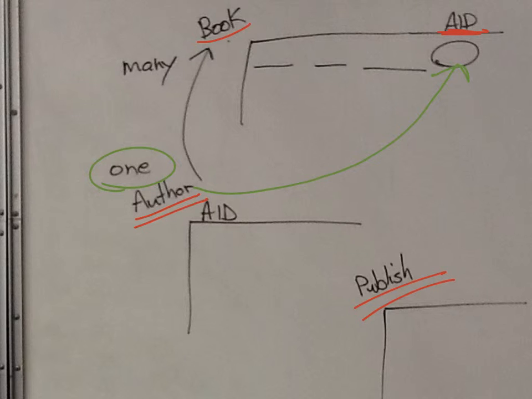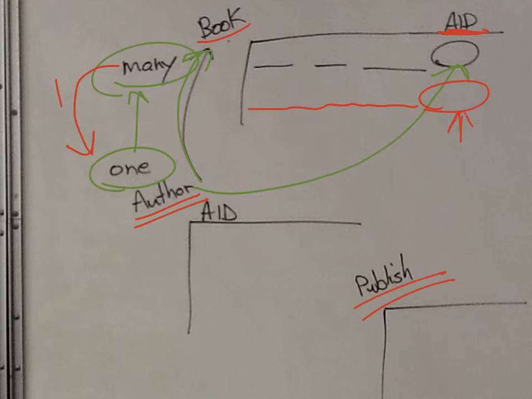One author can have many books, so that's a one-to-many. And then you can start building things in that each book must have at least one author. That's a constraint. Each book must have at least one author. So more or less, you can't add a book here and not give them at least one author.